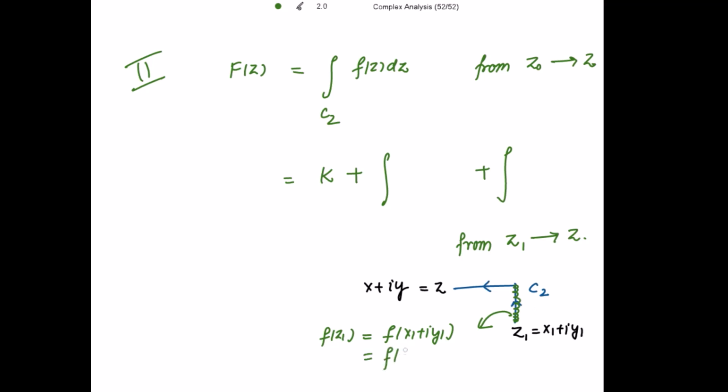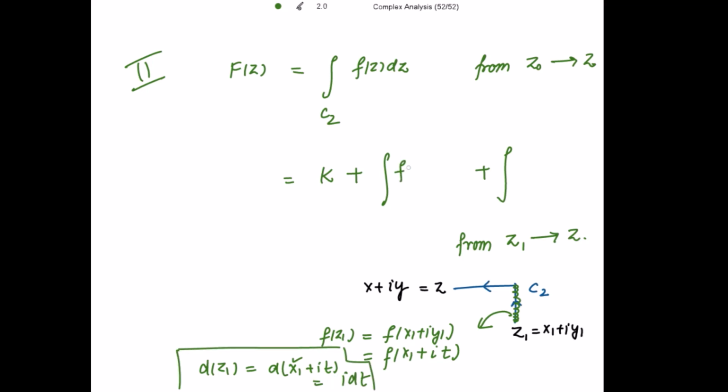So I'm writing x1 as it is and writing the variable y1 as t. So dz1 becomes the derivative of x1 plus iota t, and because x1 is constant, this is equal to iota dt, right?